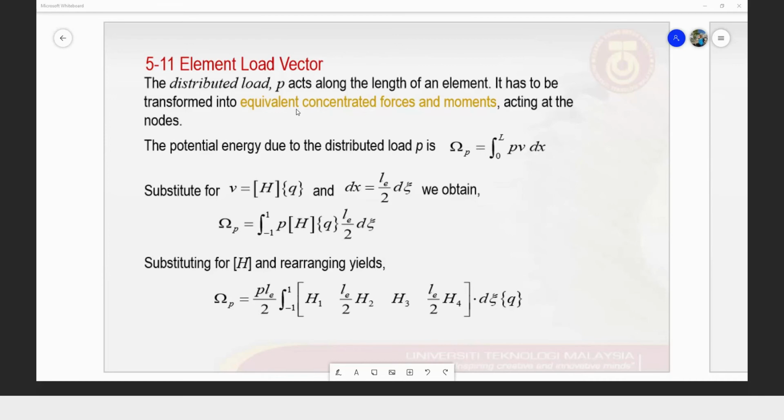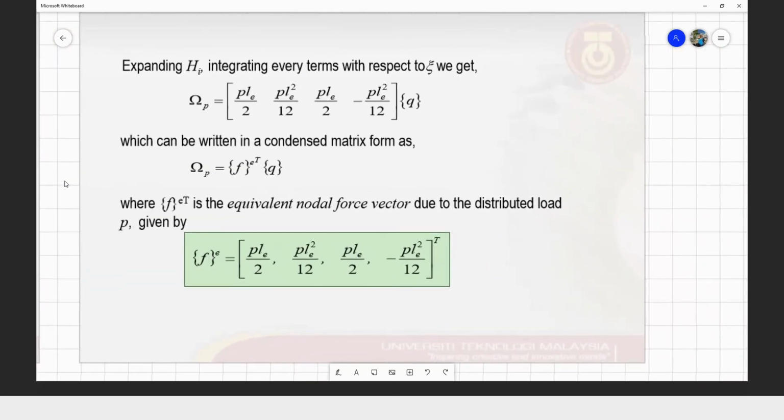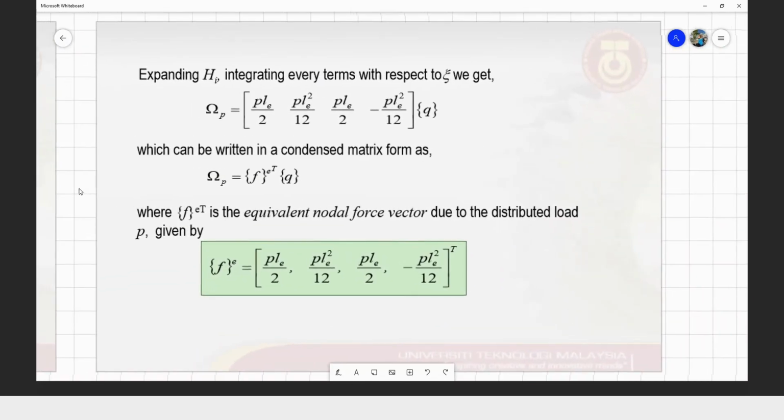So the detailed explanations of what is happening in the equation you can view from my YouTube videos.